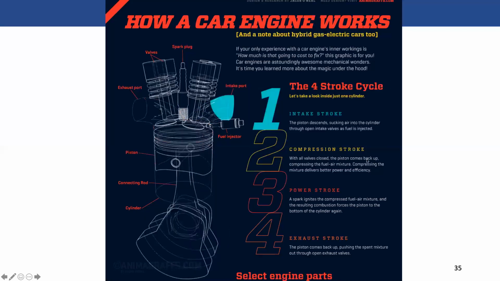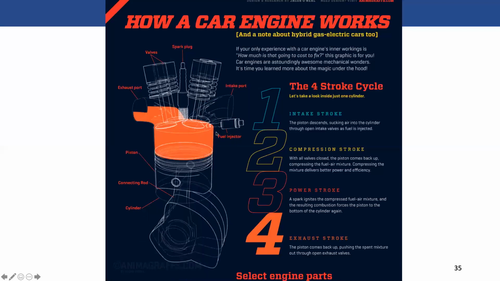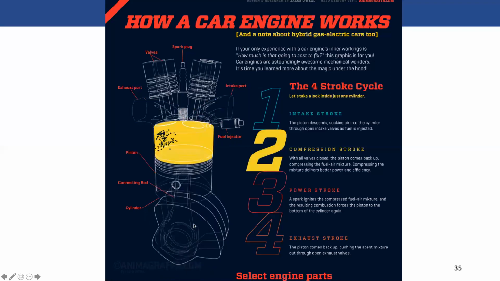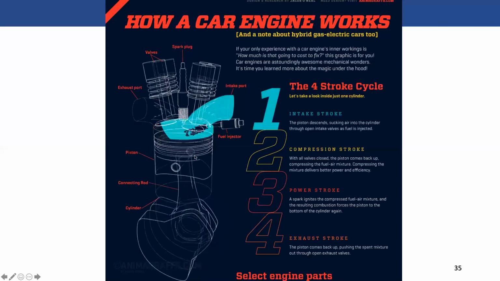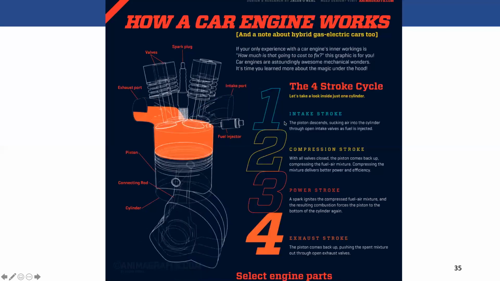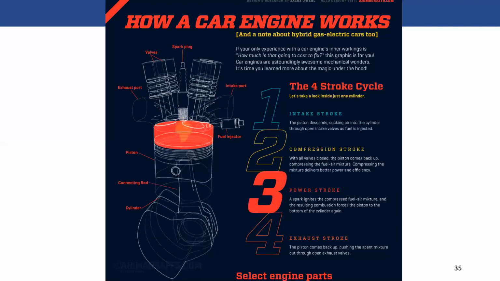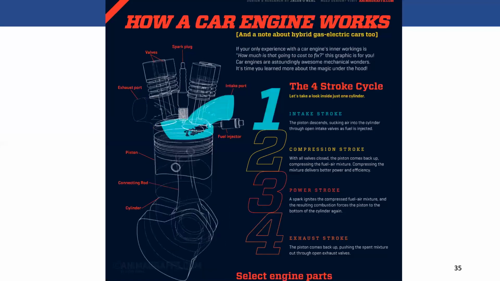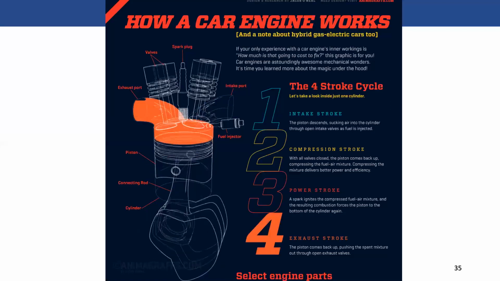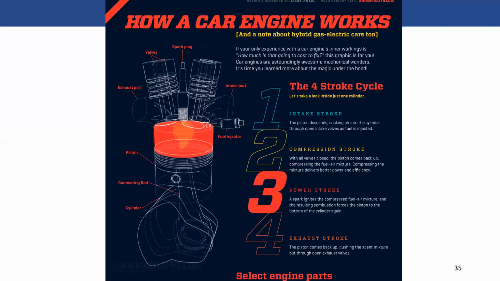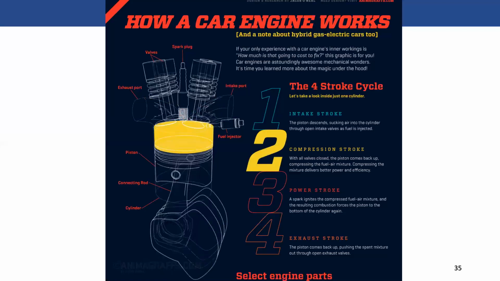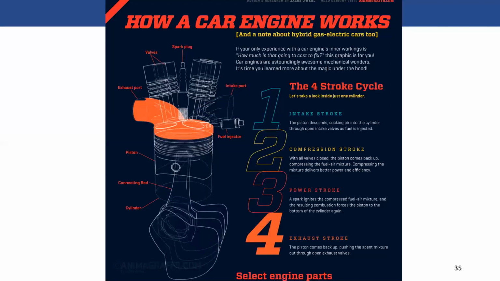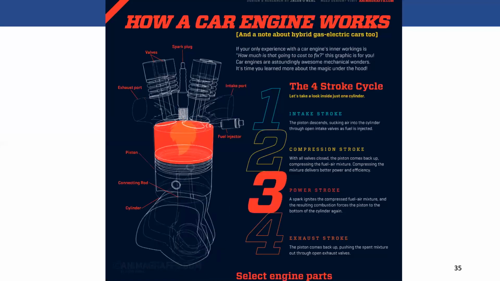In the second stage, called the compression stroke, the intake valves will close and the piston will move up. By moving the piston up, all of the stuff that was in the chamber of the piston from stage 1, the fuel-air mixture, will get compressed at a higher pressure. And by increasing the pressure in this way, it allows for better power and efficiency.